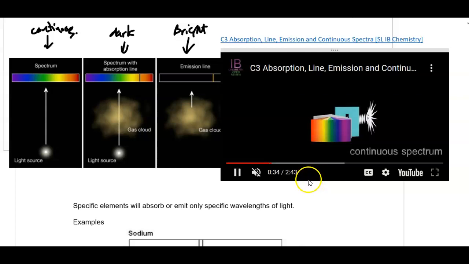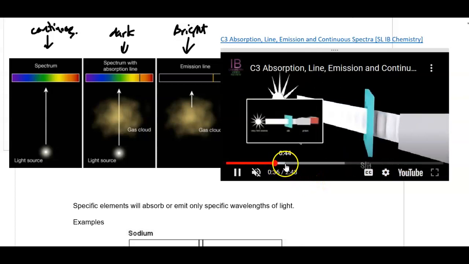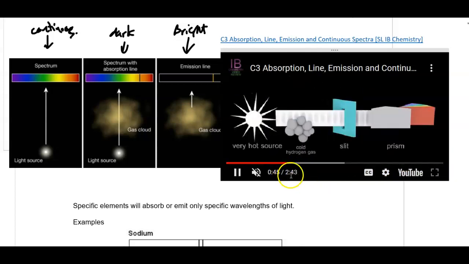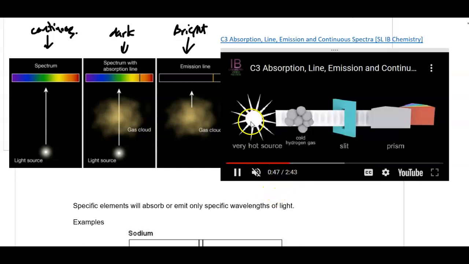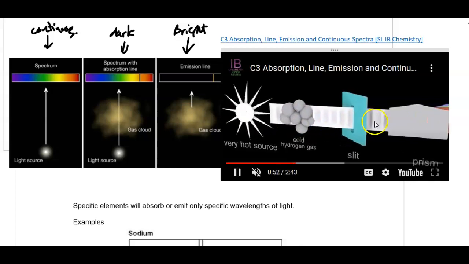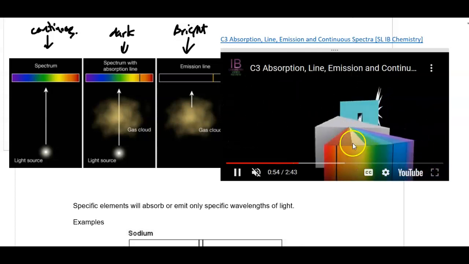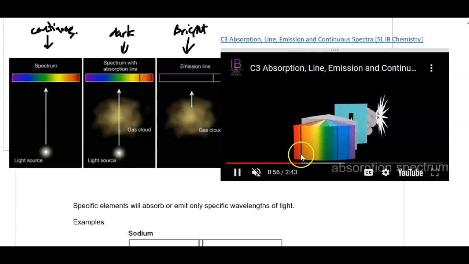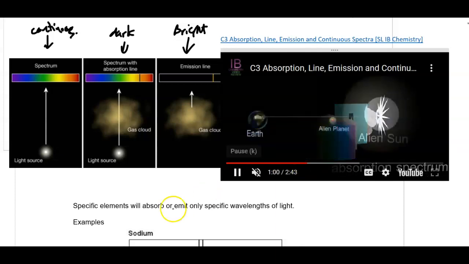And then the third one, you're going to have that hot source again, so continuous spectrum, but running through a cool gas, you're going to see again that full spectrum except with dark lines, like the light has been absorbed from it.